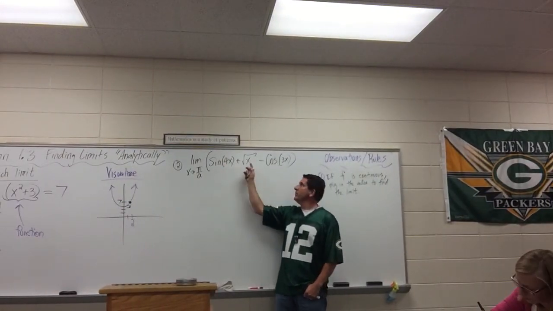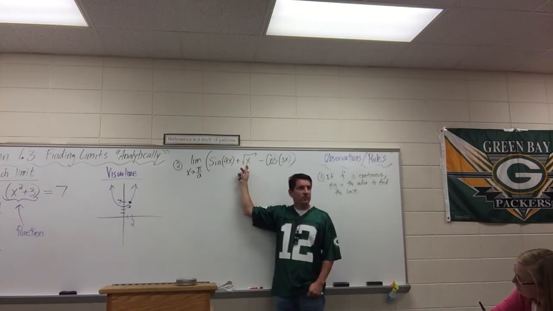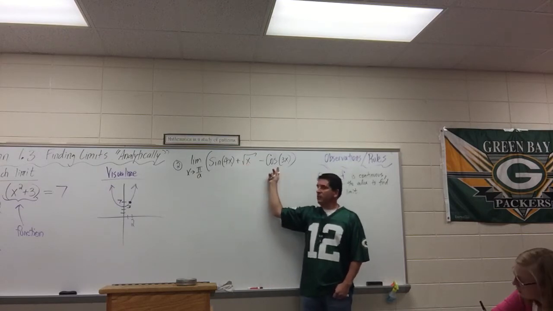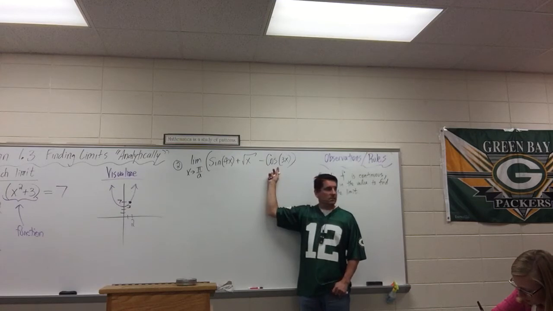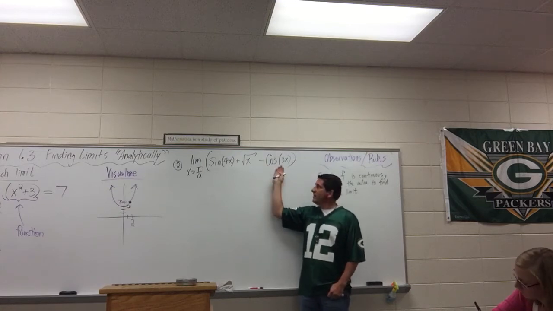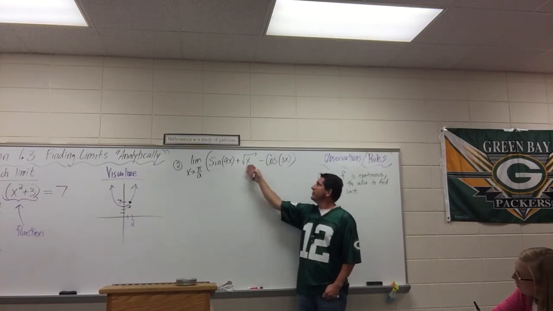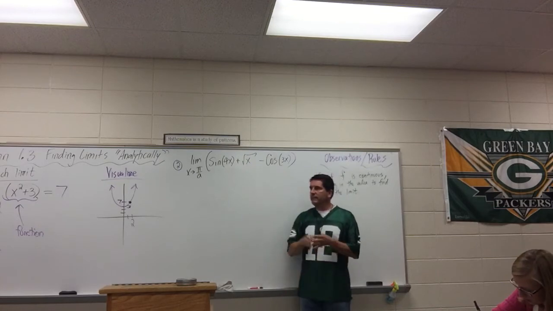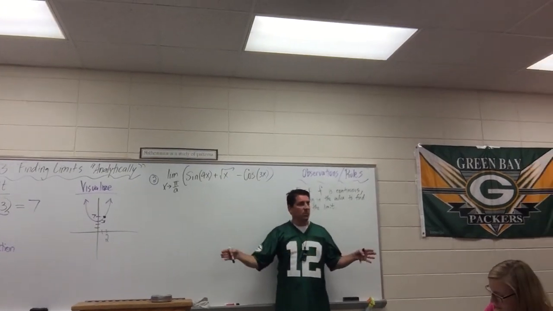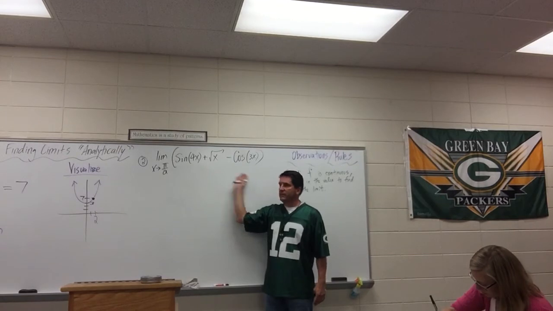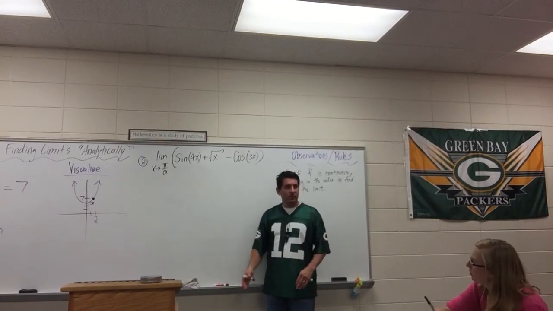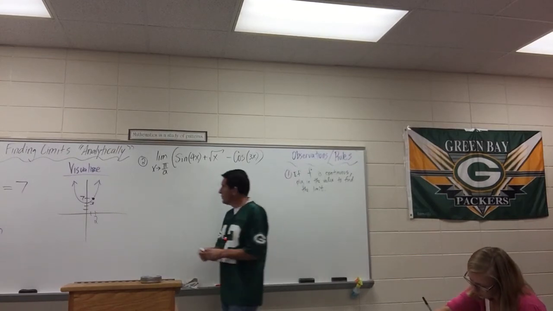No. Any holes on the square root function? No. Any holes on the cosine function? No. So if I took all three of these and added those first two and subtracted those two, I would still get a y value for every single point. This function, even though it's kind of wacky, is still continuous. So we can just plug it in.